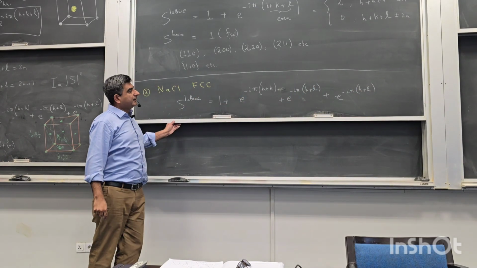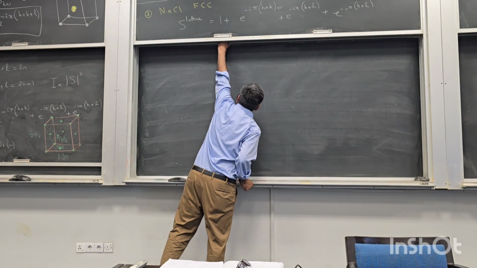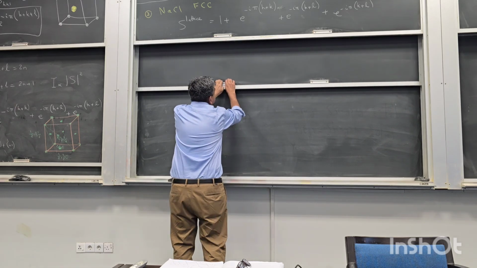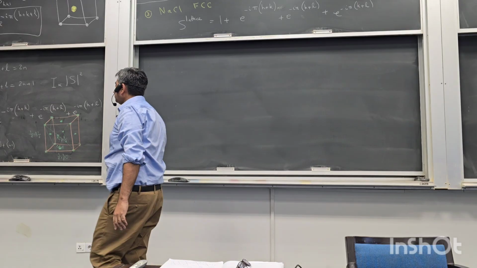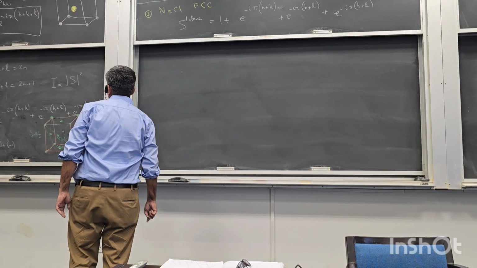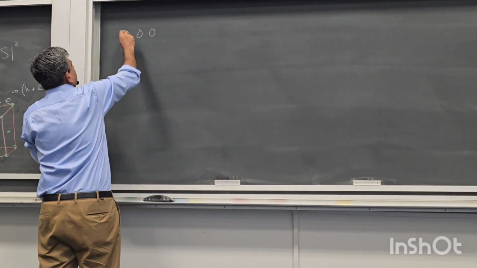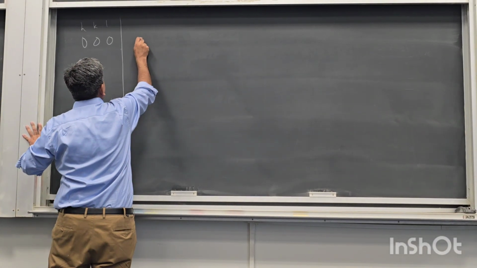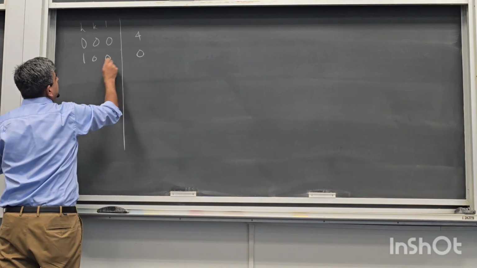All right. Now I can find out when this structure factor for the lattice will be non-zero. So for 0 0 0, these are HKL values, this is going to be 4. For 1 0 0, this is going to be 0.